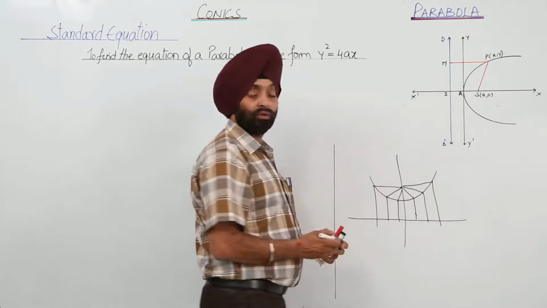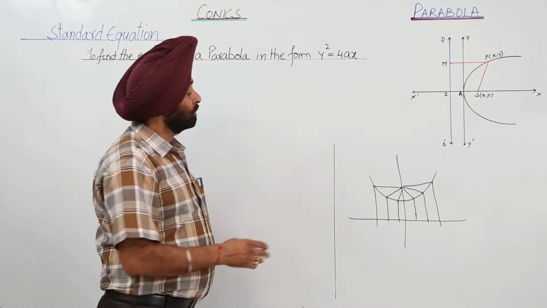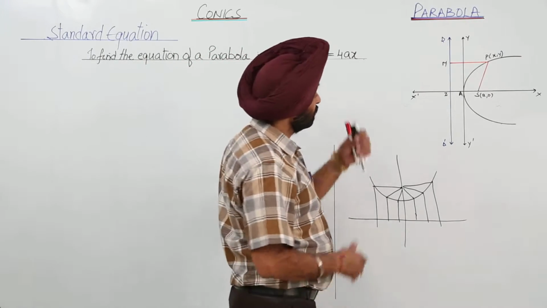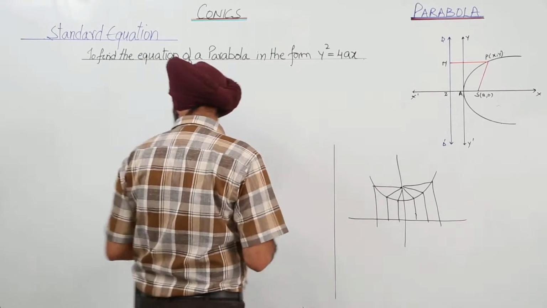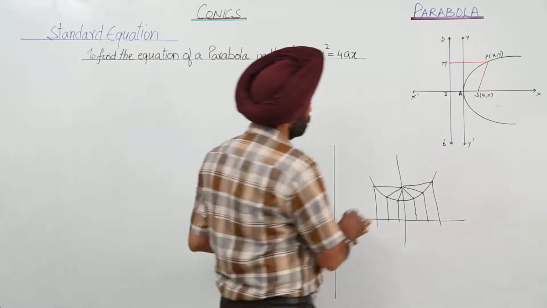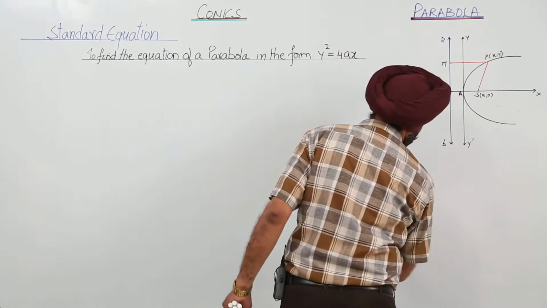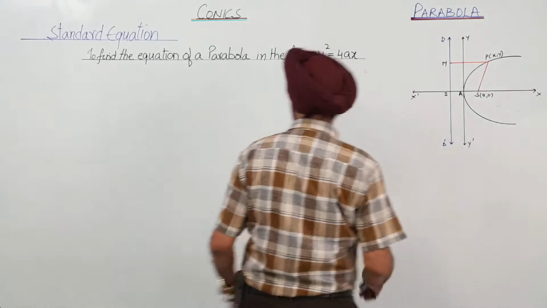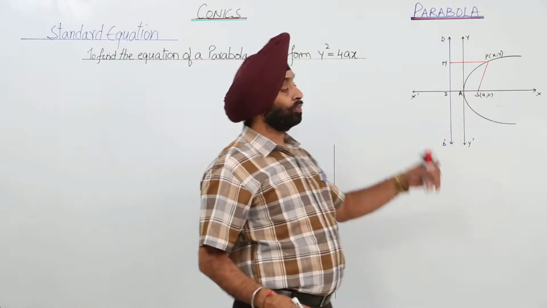This line is called the directrix. So I have already mentioned here the directrix, vertex, y-axis, x-axis, focus point and a point P on the parabola.